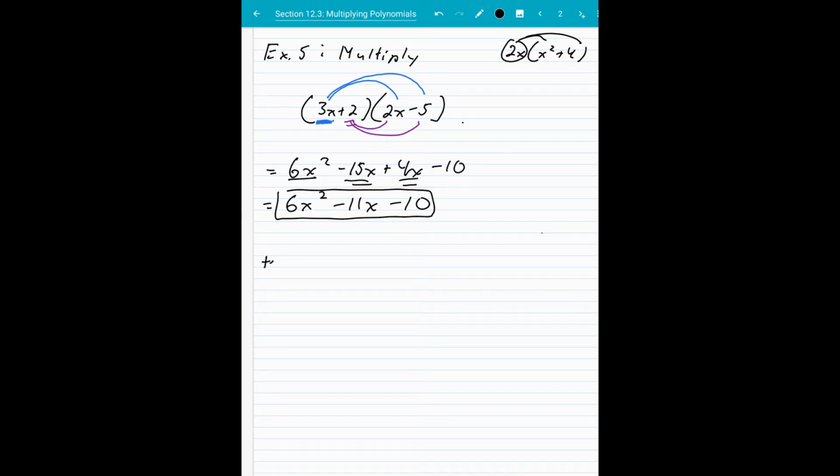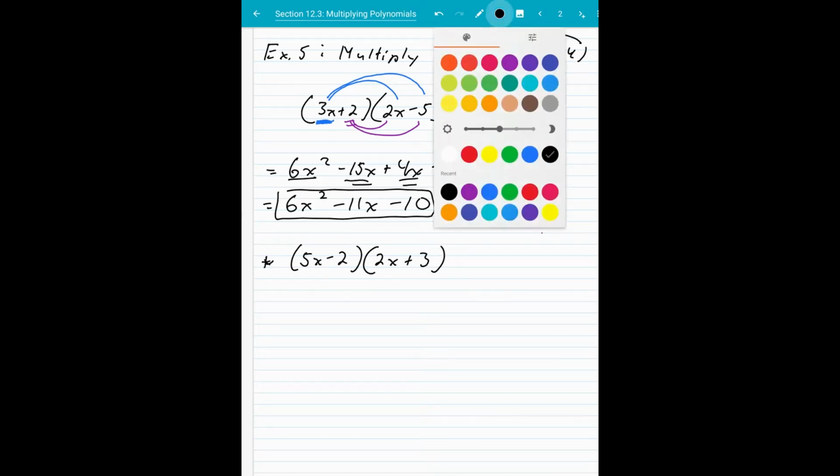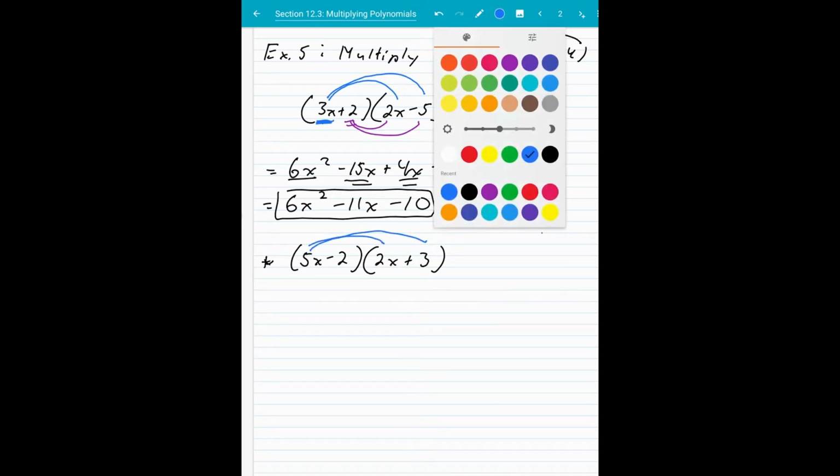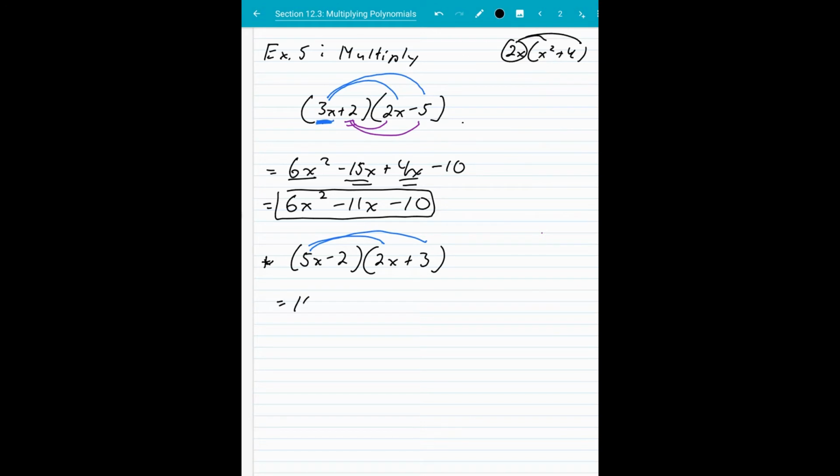So let's try another one that's like that: 5x minus 2 times 2x plus 3. Again, we have to distribute the first term to both of them. That would give us 10x squared for the first one plus 15x for the next one.